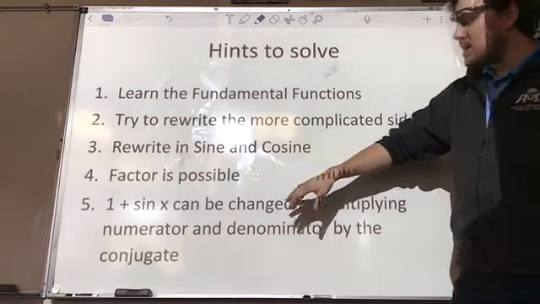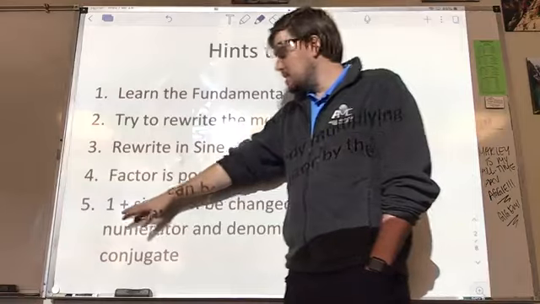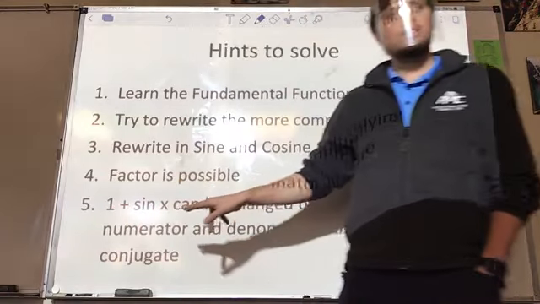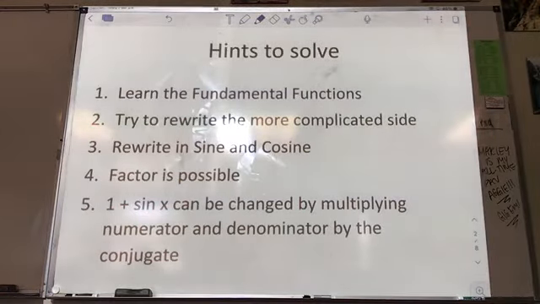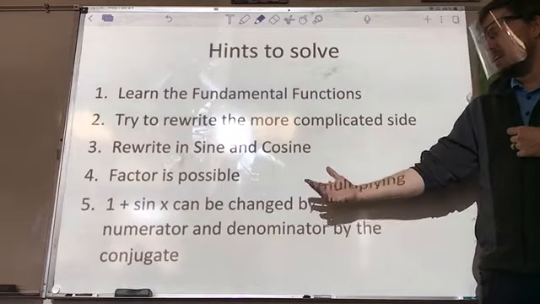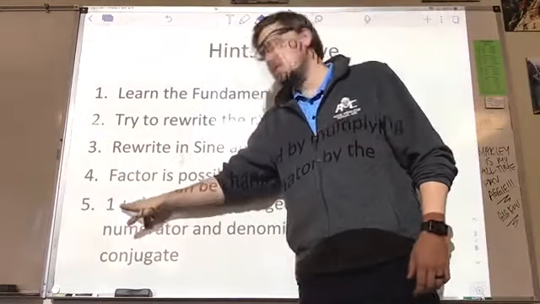And then this is the new step. If you see something that looks like 1 plus sine, or 1 plus cosine, or cosine plus 1, something with a cosine or a cosecant and a 1, then we want to multiply that by its conjugate. If you don't know what the word conjugate means, it's the same thing with a different symbol.